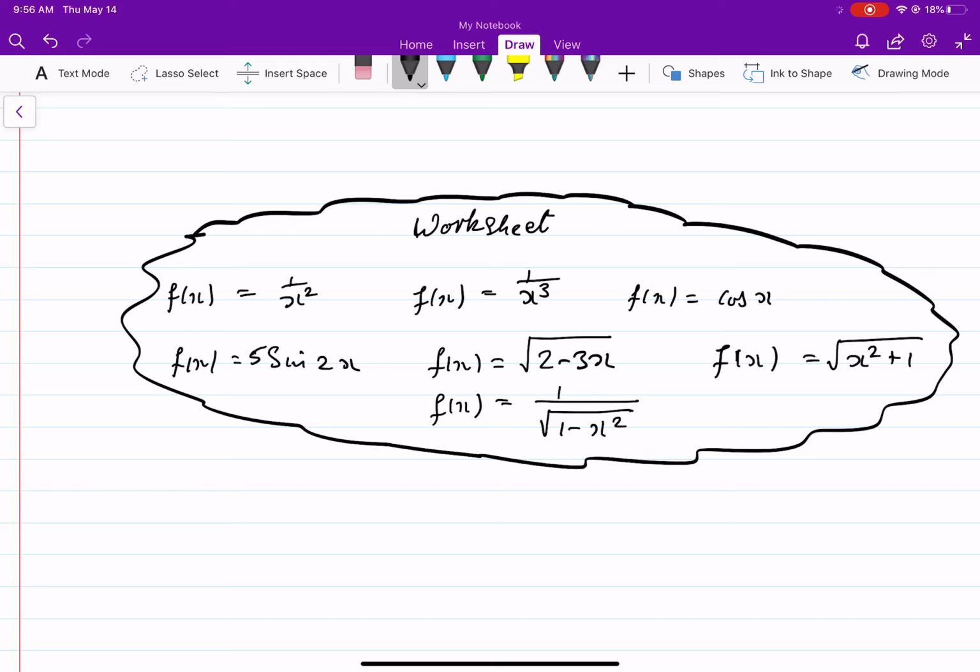No. Maybe I'll put a 2x squared, 1 minus 2x squared. I'll make it a 3, different from the 2. All right, this is your worksheet.